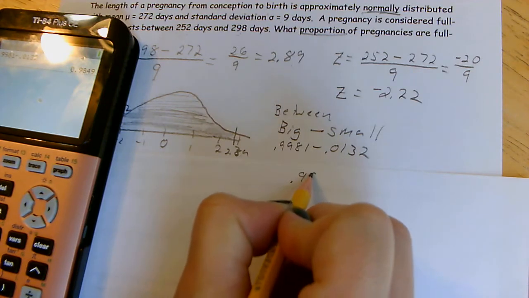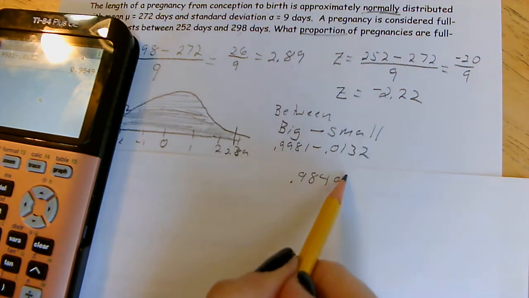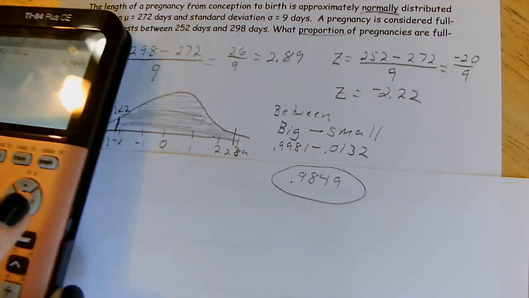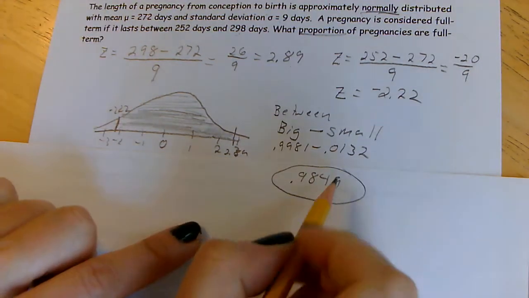So the area under the curve shaded is 0.9849.